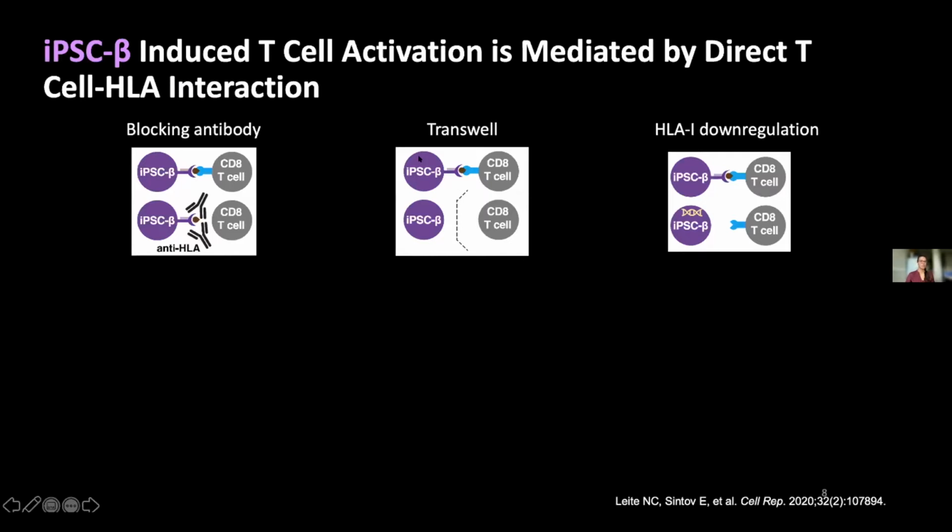The second was using a transwell system, in which the T cells are in suspension, so they again cannot touch the iPS beta cells. And the third was a genetic approach, where we downregulate HLA class I on the beta cells, so the TCR would not recognize anything on the beta cells.